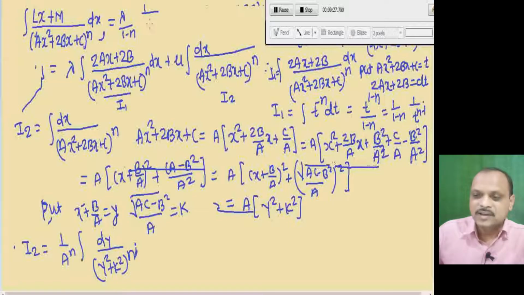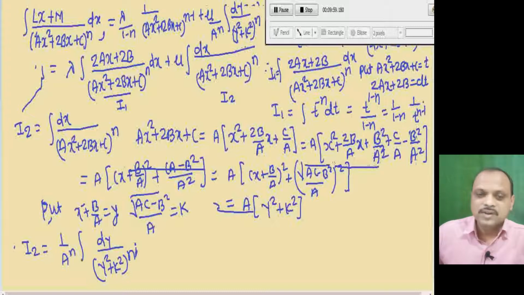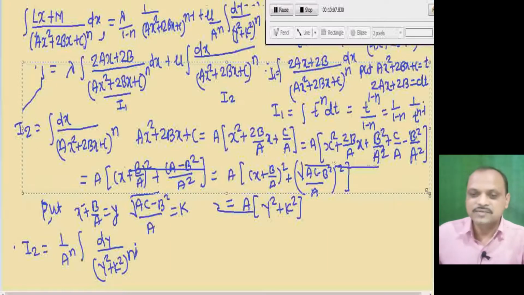T is (ax square plus 2bx plus c) whole raised to n minus 1, plus mu into I2. What is I2? I2 is mu divided by a raised to n, integration of dy divided by (y square plus k square) whole raised to n. Now let us erase all the remaining things and we evaluate this one.